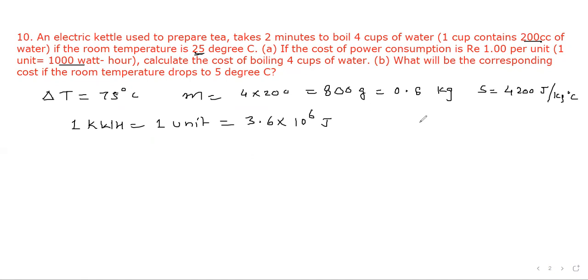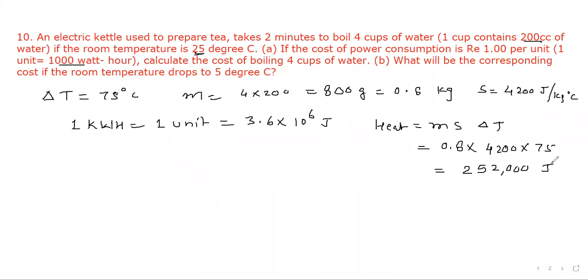So here we have to calculate heat required, heat equal to m s delta T. We put the values. So mass is 0.8, specific heat is 4200 into change in temperature is 75. So this will be equal to 252000 joule.